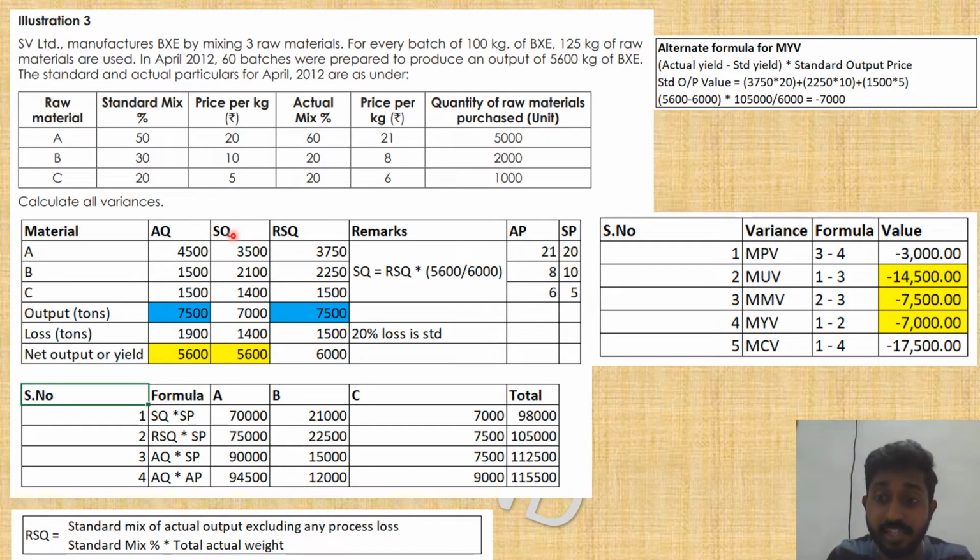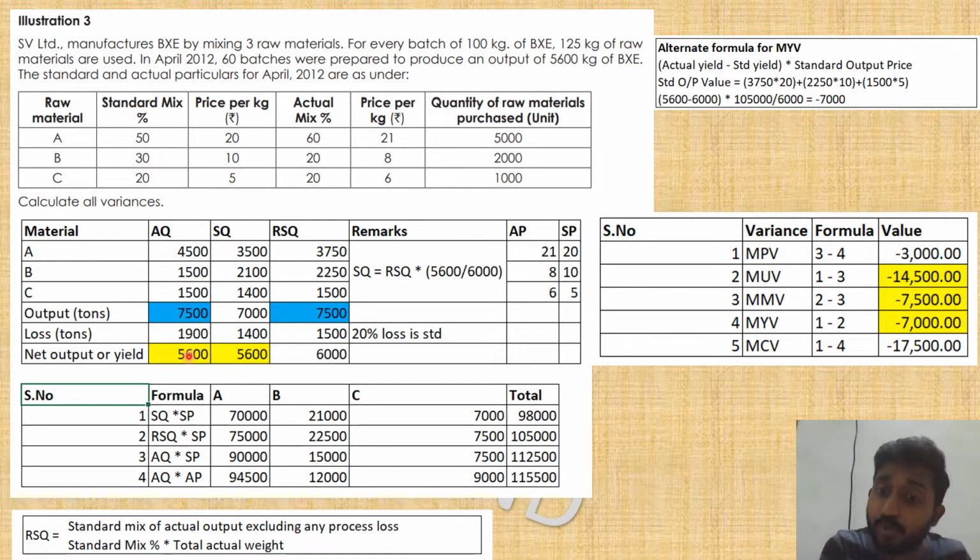What is the difference between standard quantity and revised standard quantity, we discussed in our previous class itself. Please watch it for a more detailed description. The very simple definition is: revised standard quantity is whatever should have been produced for the input that has actually been utilized, which is 6000 kg of output, against which we have produced only 5600 kg.